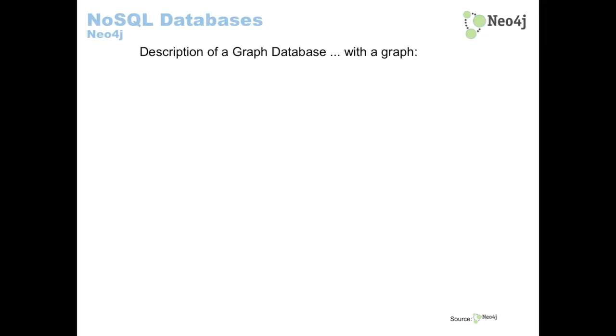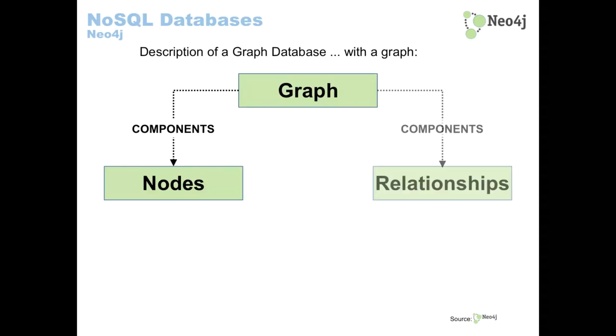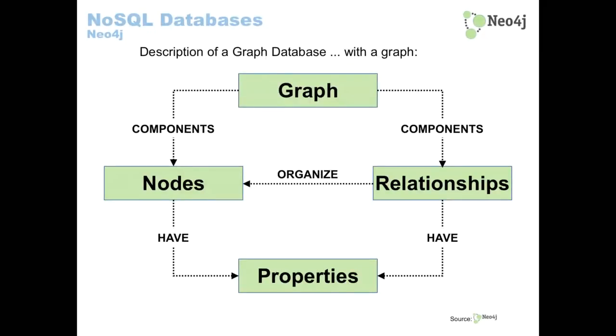So here's a description of a graph database with a graph. A graph has components. One of the components is nodes, another is relationships. Relationships are used to organize the nodes, and both nodes and relationships have properties.